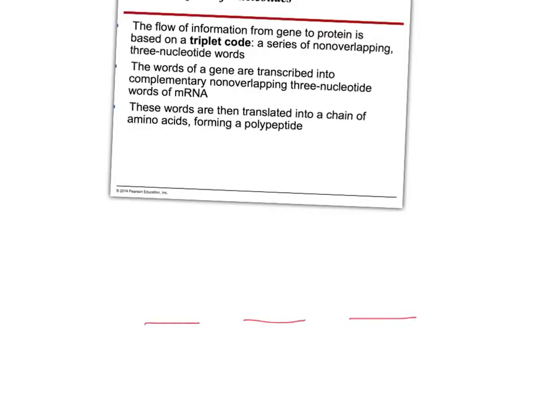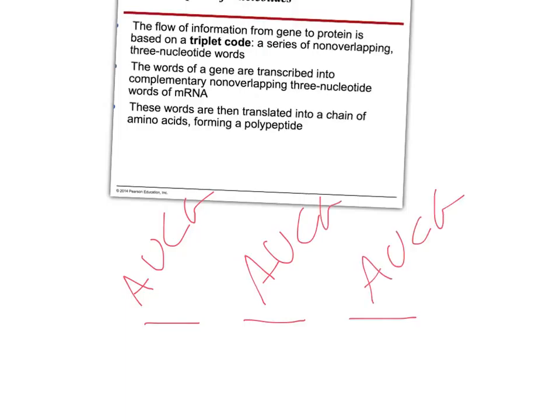Each of these 3 spaces can be A, U, C, or G. Each of them can be one of those. So to figure out how many combinations that is, you take the 4 possibilities to the 3rd power. That equals 64 different combinations for a triplet.